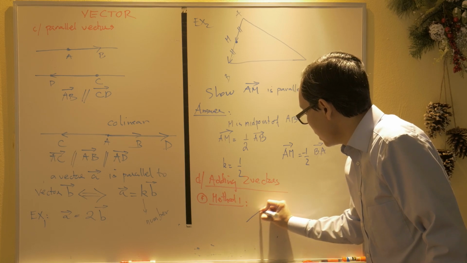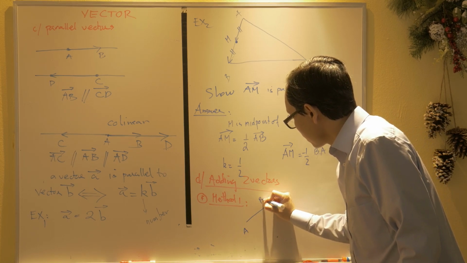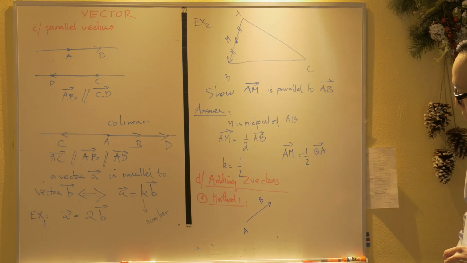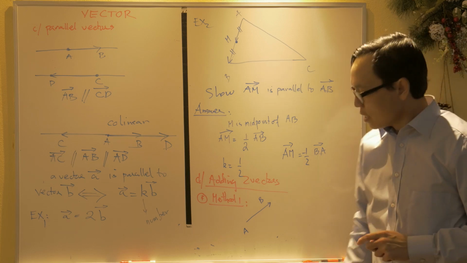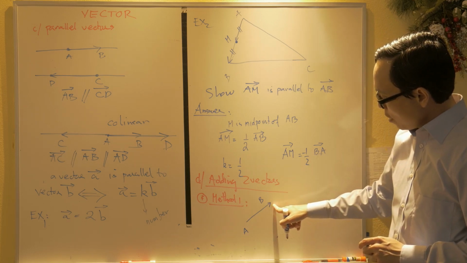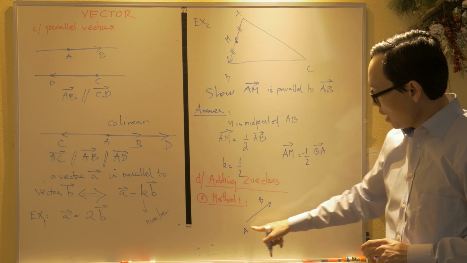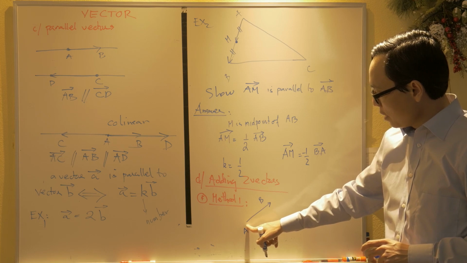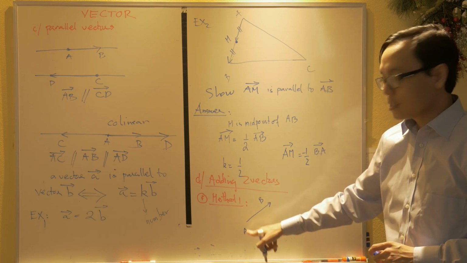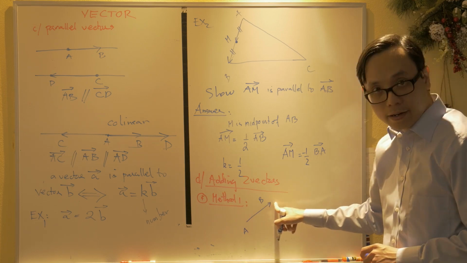So I have vector AB. Oh, I think I forgot to mention it. In vector AB, the arrow position we call the terminal point, and the position A over here we call the initial point. Sometimes we call that the tail of the vector, and the other end is called the head of the vector.